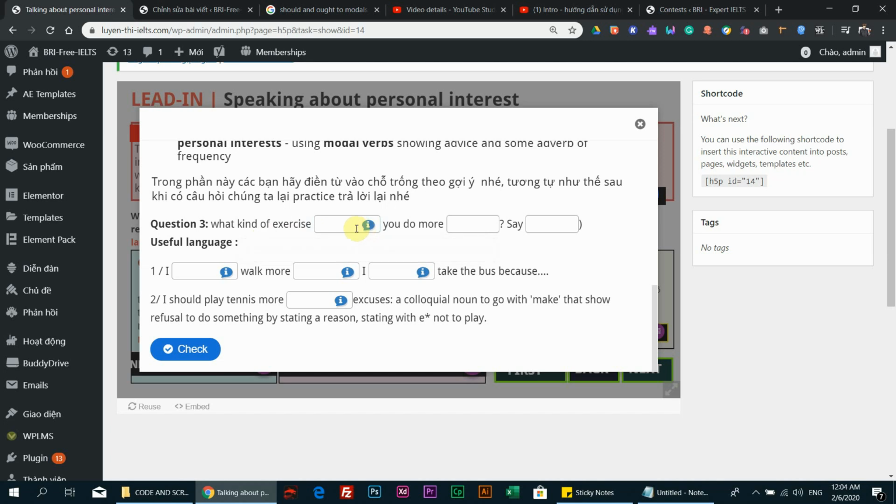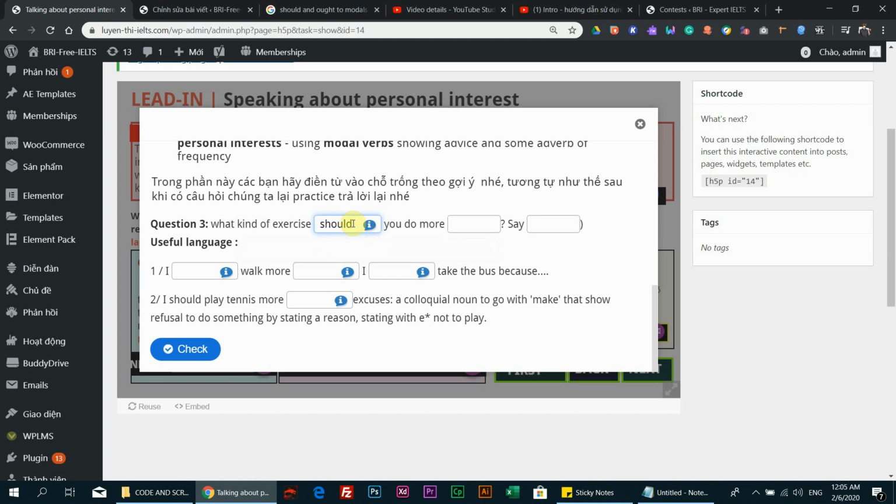Right, so we have to have auxiliaries, right? But in this case, if you use the auxiliaries like we put in the simple present, it should be what kind of exercise do you do more, right? But because the tip here says it is a modal verb to express advice, it might be should.